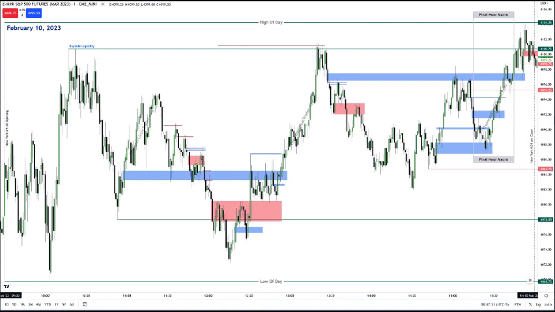Final hour macro. There's a little rectangle I have annotated in the price action. The largest lower blue rectangle is anchored to the candle at 14:48. So that fair value gap is extended to the right.